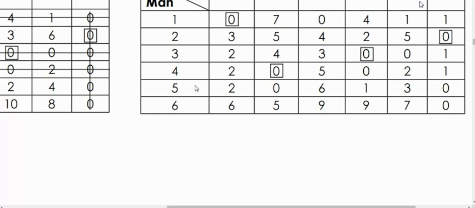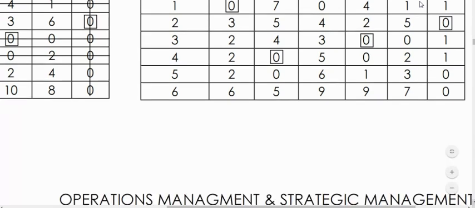What would be the two solutions? The third job can be allocated to either the fifth man or the sixth man, and similarly the fifth job can be allocated to either the fifth man or the sixth man. So how would your answer look like?